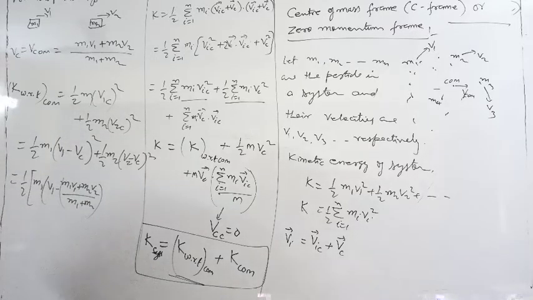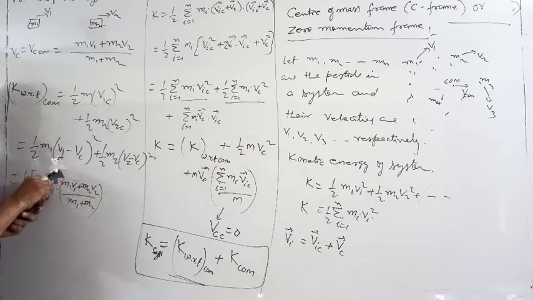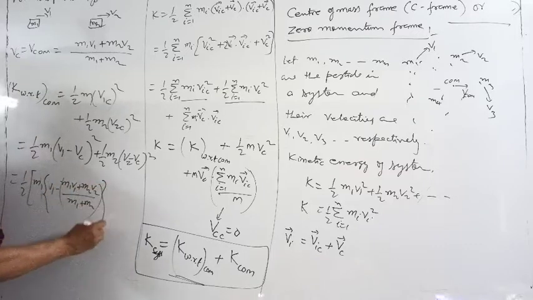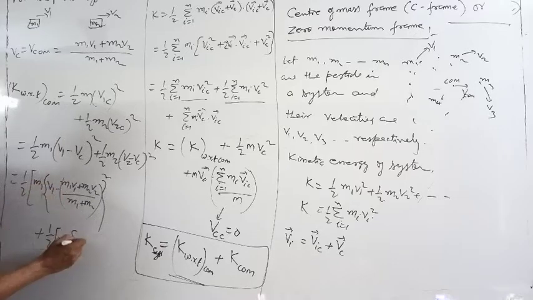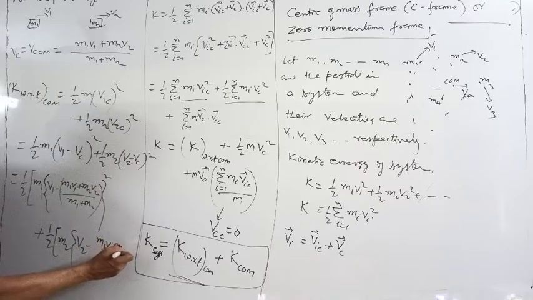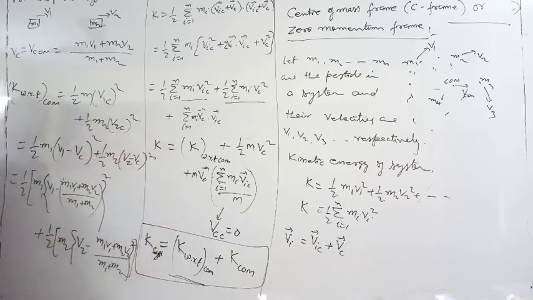Square, plus half m2 (v2 minus vc), where the vc value is this, all squared.